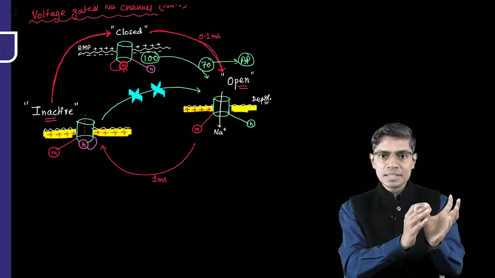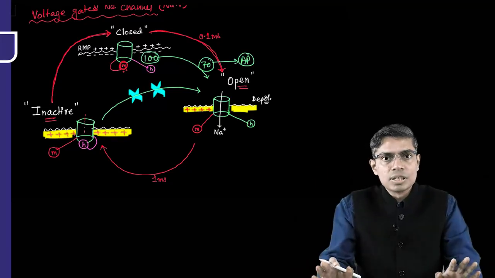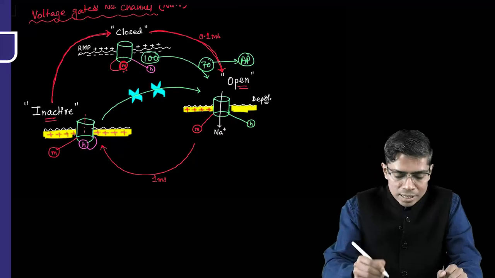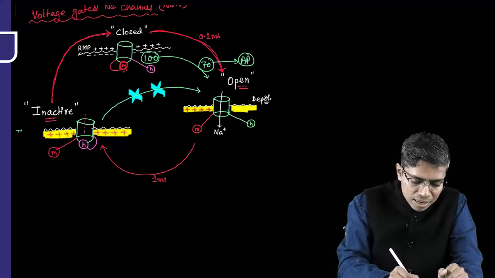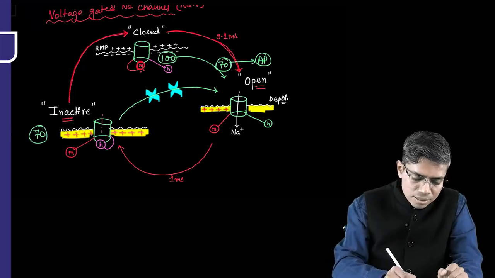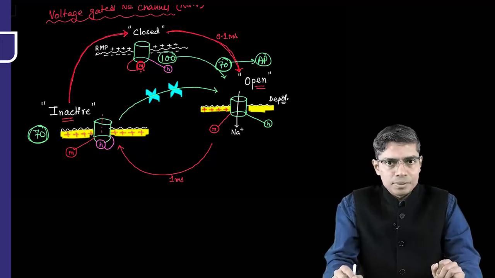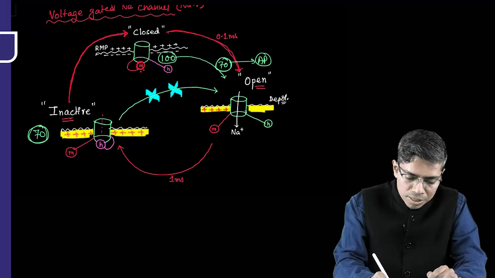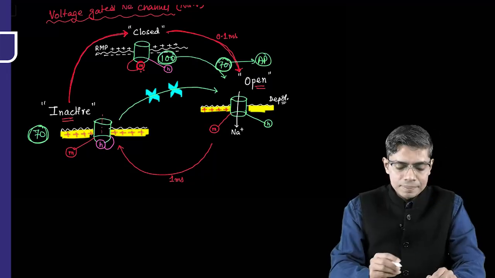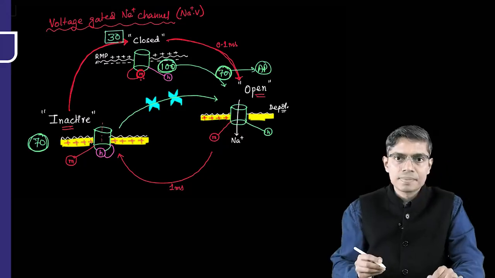So within 100 resting channels, I have opened 70 and the action potential is going on, right? Now whenever all these 70 channels are in inactive stage or in open stage, this is the period which is known as the absolute refractory period. So within this 100, I have already opened 70. 30 are still in the resting condition, right?